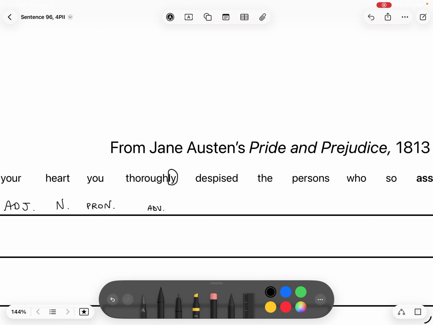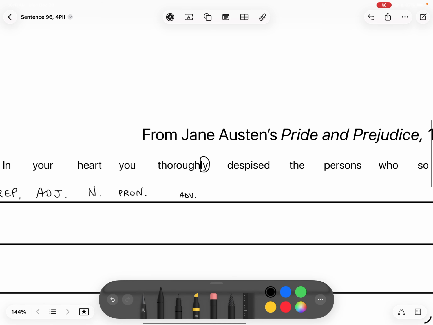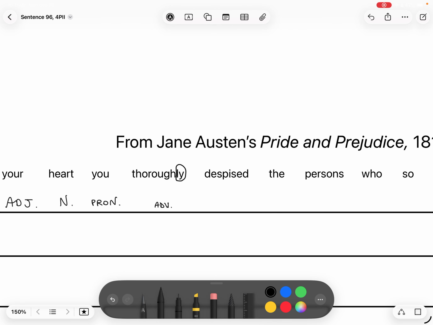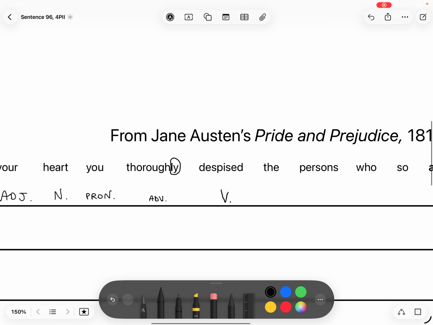So we're looking for a verb that thoroughly is modifying. So despise, right here we see, is obviously a verb. It's the action of despising. You despise, that's a verb. So we see immediately, how did you despise them? You thoroughly despised them. So thoroughly, the adverb, is adding additional detail to the verb despised.